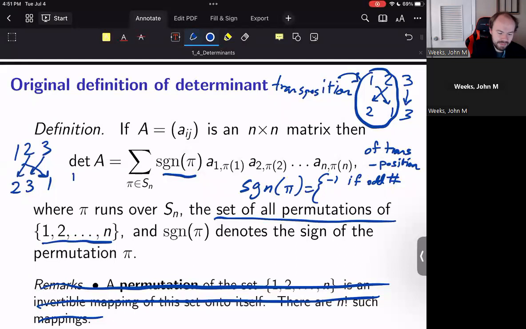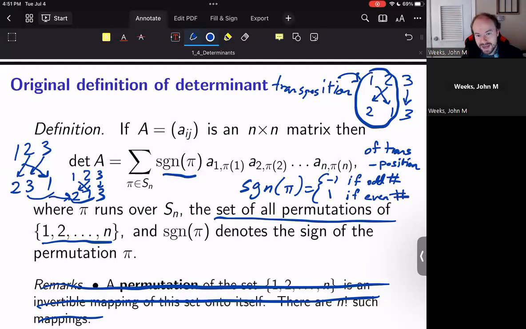If I do that, I have 2, 1, 3. That's after doing one flip. And then I'm back to something that only has one flip instead, right? So that is how we can calculate this. This was one flip of the 3 and the 1. And now if I flip the 2 and 1 back, I'm back to just 1, 2, 3. That was 2 transpositions. So that is something that has a sign of +1, and that's if you have an even number of transpositions. So that is the sign of the permutation.